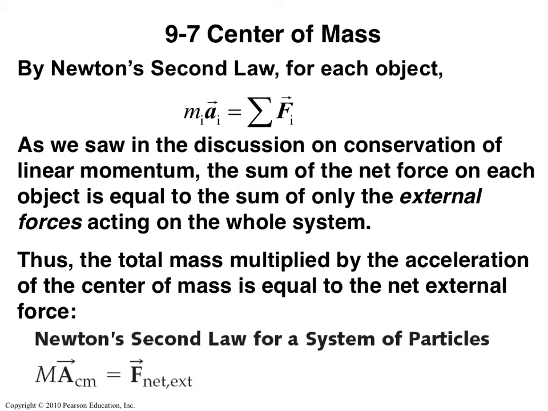Now, if you recall, when we talked about conservation of linear momentum, we distinguished between internal forces and external forces. The idea there was that because of Newton's third law, if you have object 3 and object 13, and they interact with each other, that is, they exert forces on each other, those forces always cancel.